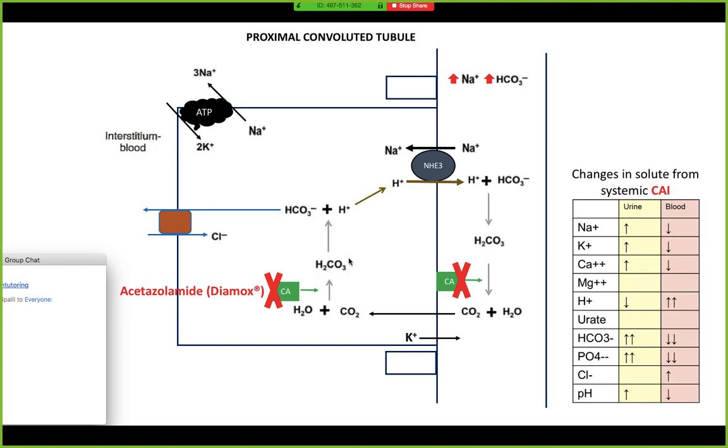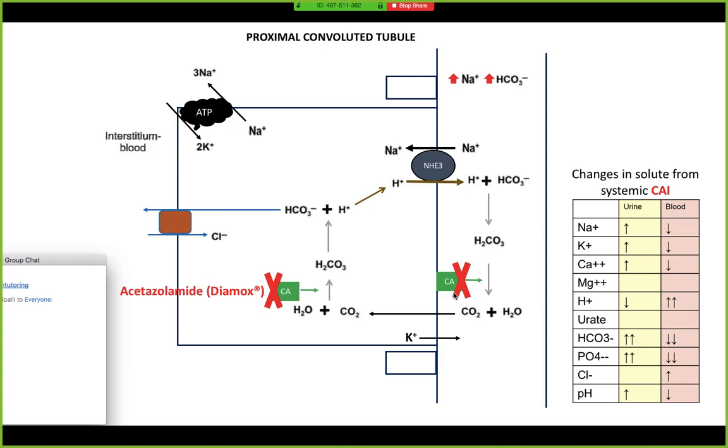Then the carbonic acid is broken down into bicarb and a proton. The bicarb is going to be reabsorbed into the body through this bicarb chloride exchanger, and then the proton is going to enter the tubular lumen through this sodium hydrogen exchanger.